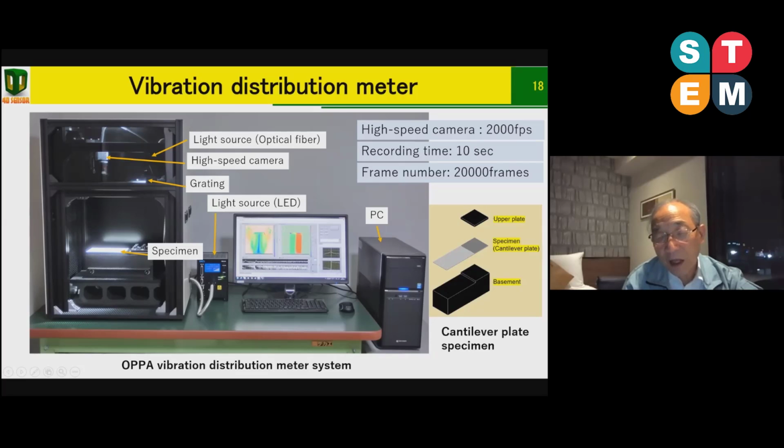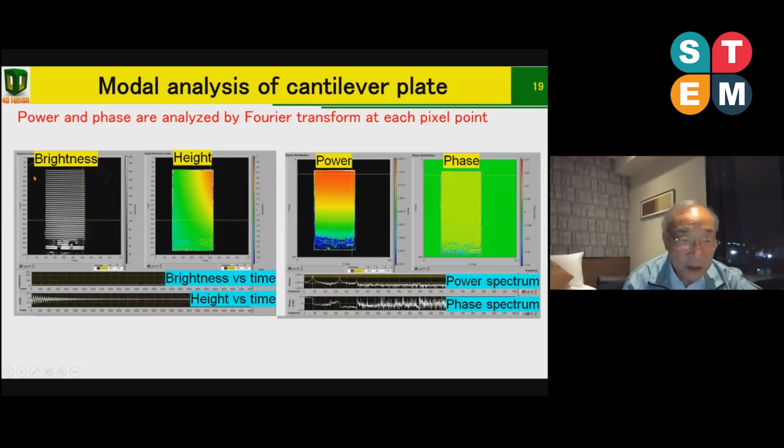So we hit this one position, then this cantilever plate vibrates. The vibrating fringe pattern is recorded by this high-speed camera. So this is the obtained image, brightness distribution. This end is a fixed point. This end is a free point. So the fringe pattern moves only a little.